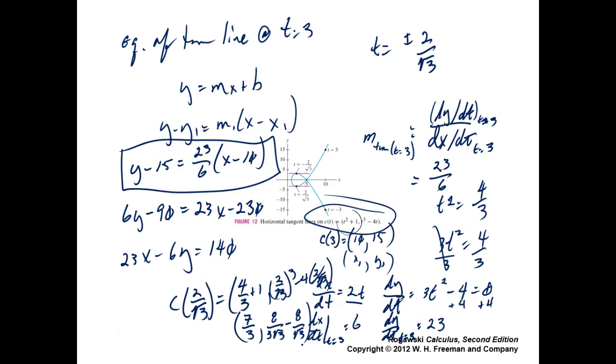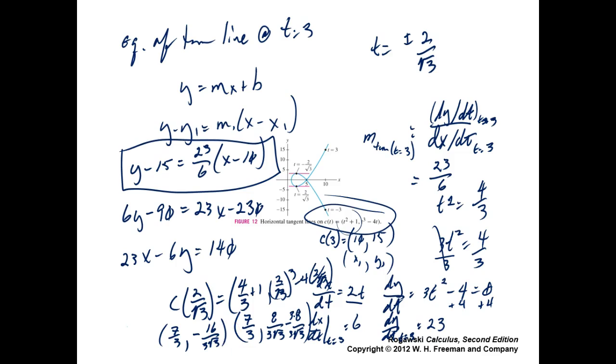Okay. Now, if you look at this, you'd have to multiply this by 3 and that by 3 to have the same denominators. So that would give you, the x value is still 7/3. The y value is negative 16 over 3 root 3.